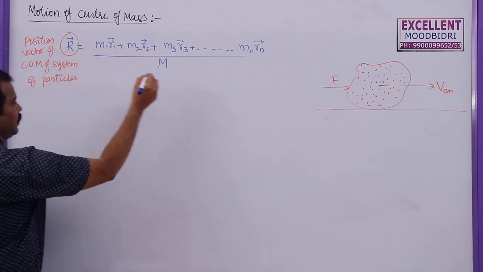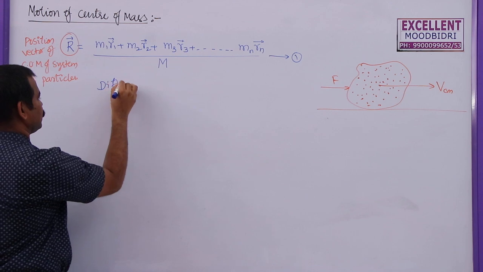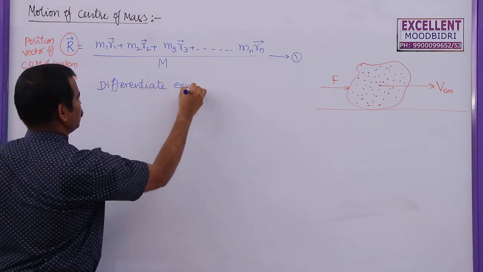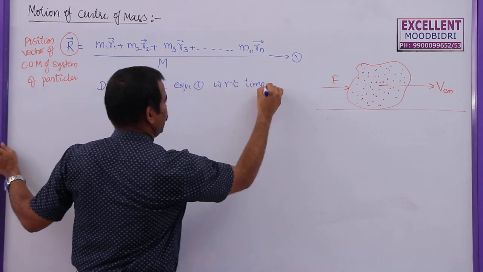Let me take this as equation 1 and differentiate equation 1 with respect to time on both sides.